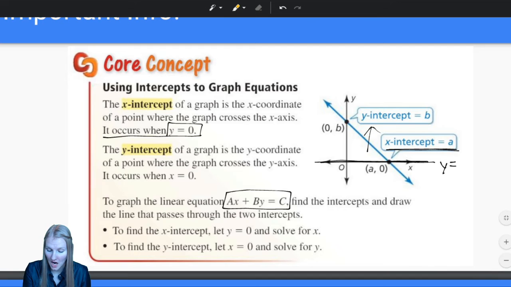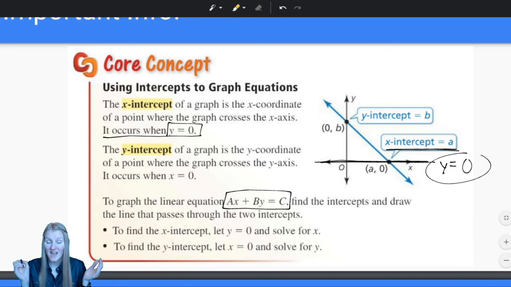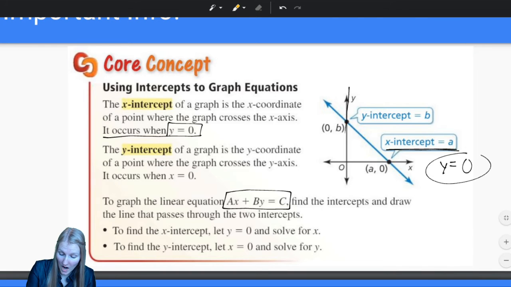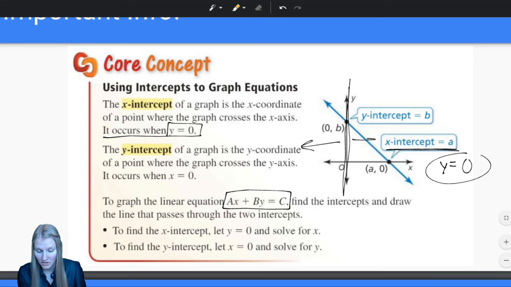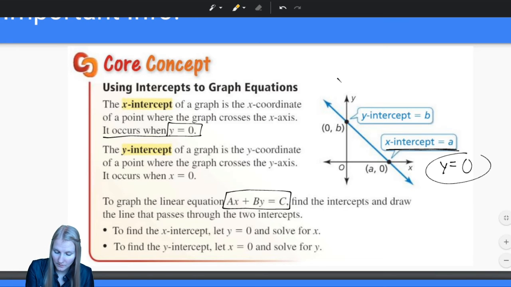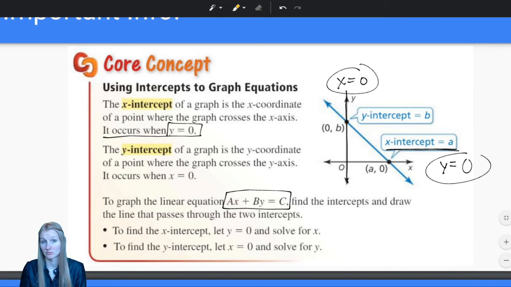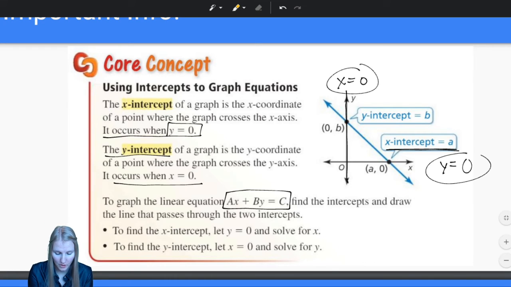I haven't gone up, I haven't gone down, I have stayed at 0. If I'm on the x-axis, y is 0. Similarly, if I'm on the y-axis, I haven't gone to the left, I haven't gone to the right, I have stayed at 0. So on the y-axis, x is 0. So the y-intercept occurs when x equals 0.